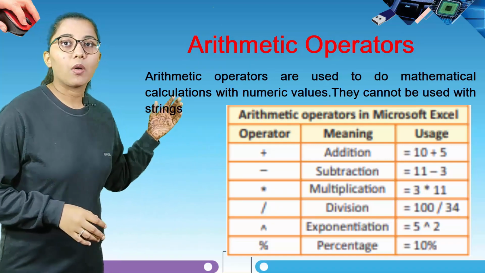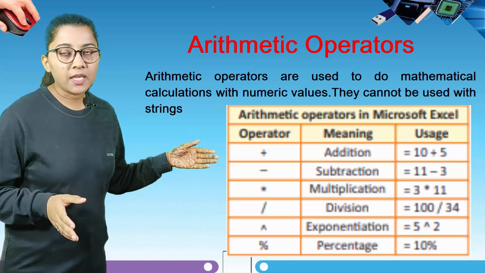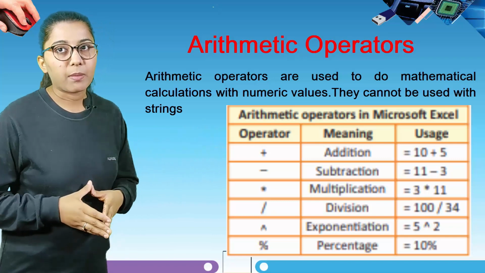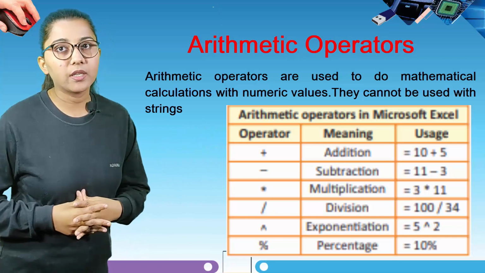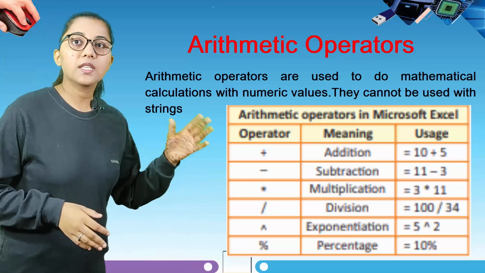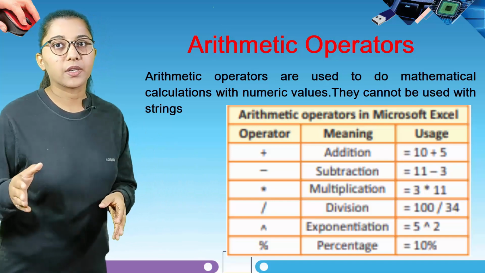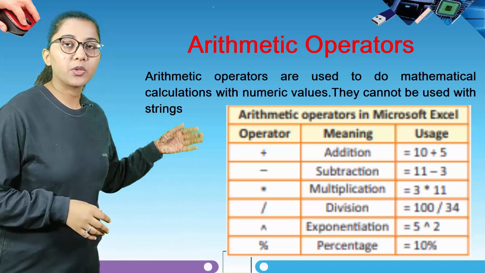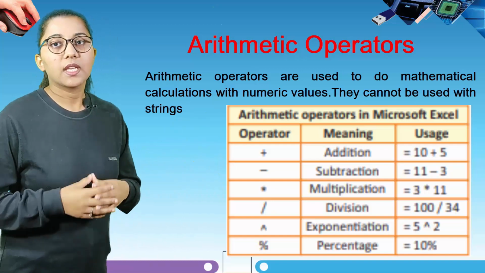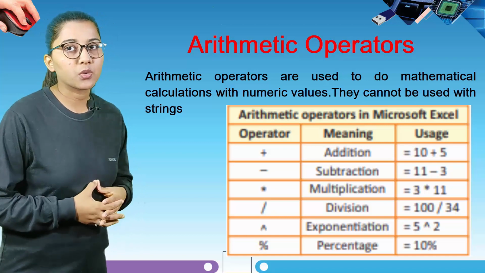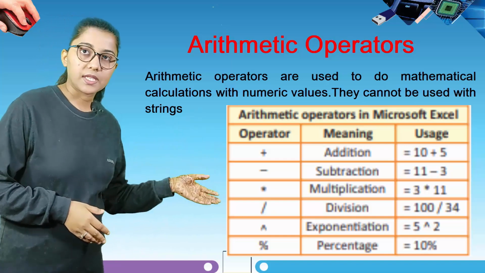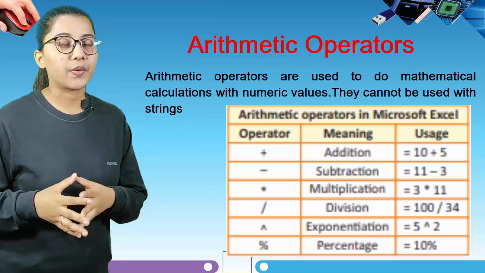Then we have the multiplication operator, its usage is =3*11. Then division, its usage is =100/34. Then exponentiation, its usage is =5^2. Then the percentage operator, its usage is 100%.